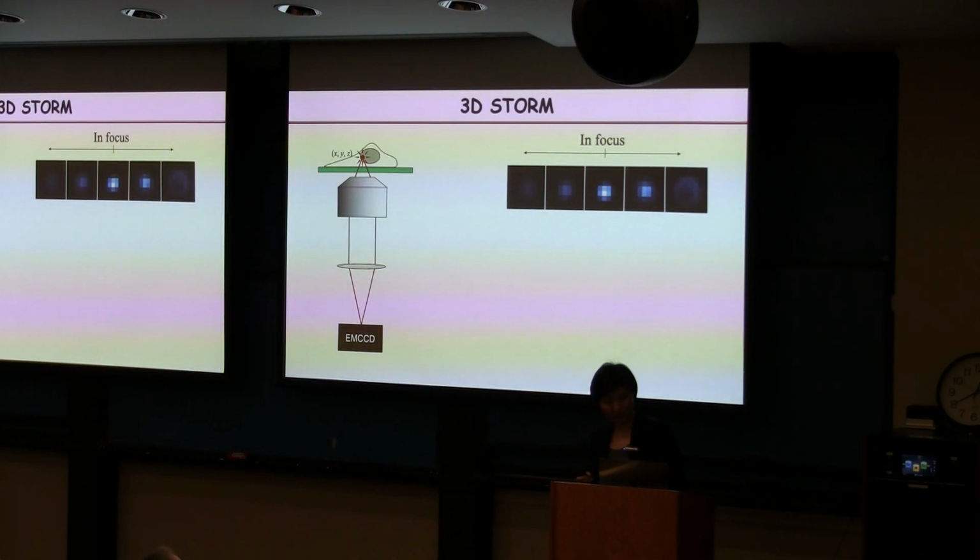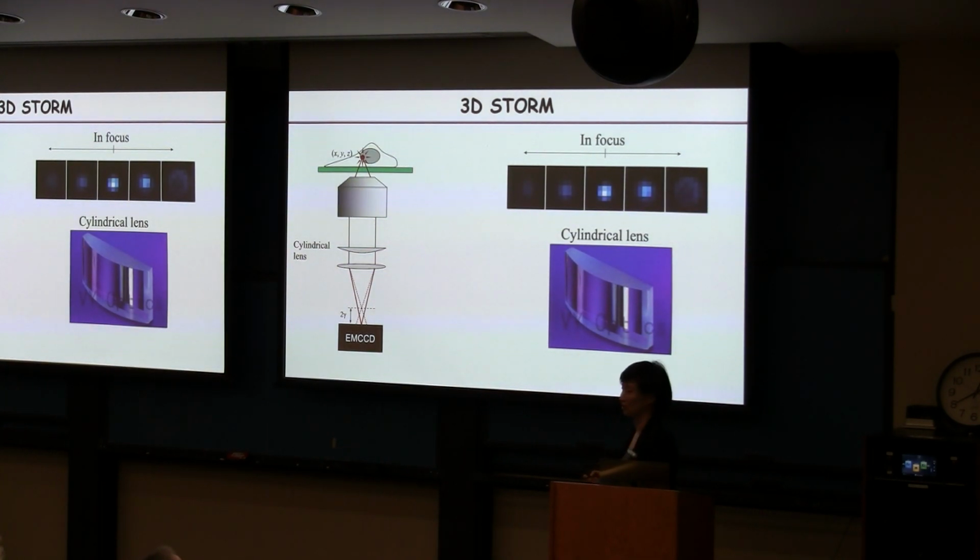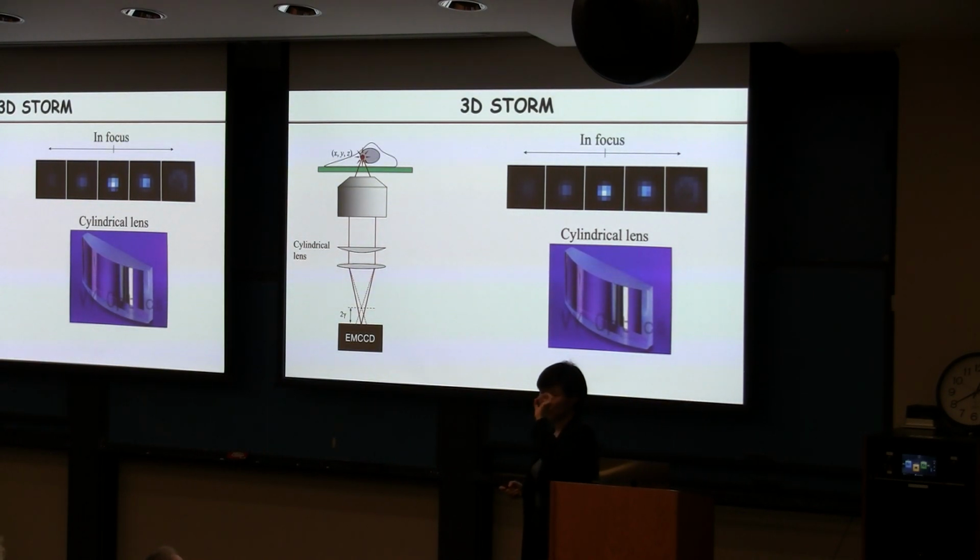But that itself is not really sensitive, especially for physicists. We know that we're sitting at a local minimum, and below and above focus, it has even degeneracy. So to solve this problem, we insert a cylindrical lens into the detection path. This is something that some of you are probably familiar with, because if you have astigmatism, then your correction eyeglasses are actually cylindrical lenses, right? It only focuses light in one direction, but not the other.